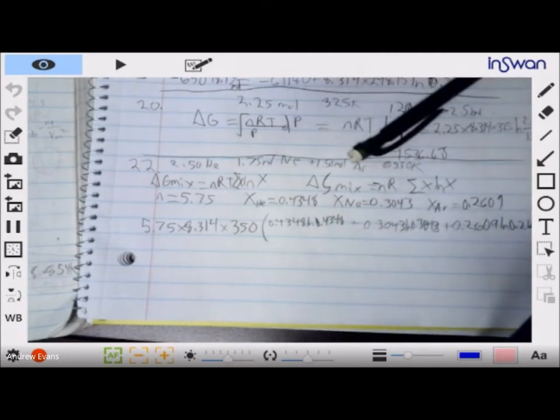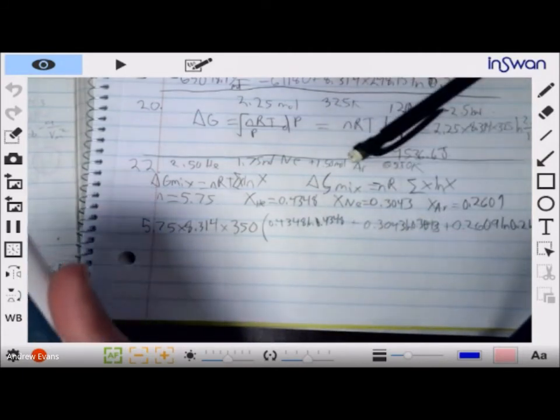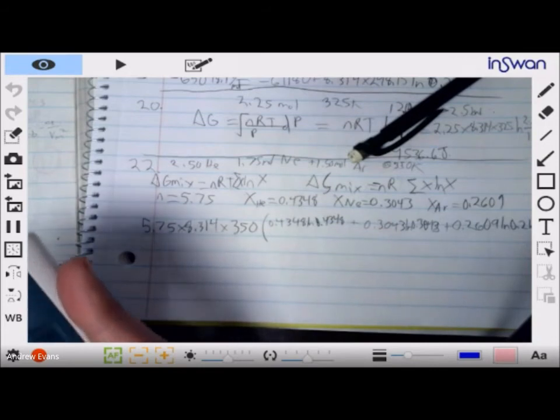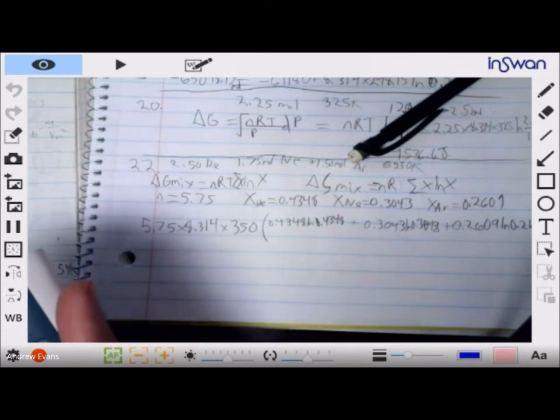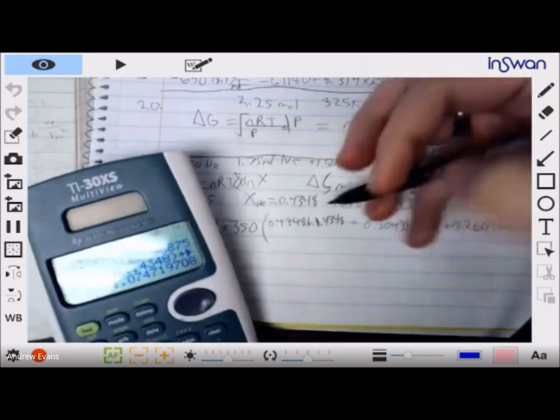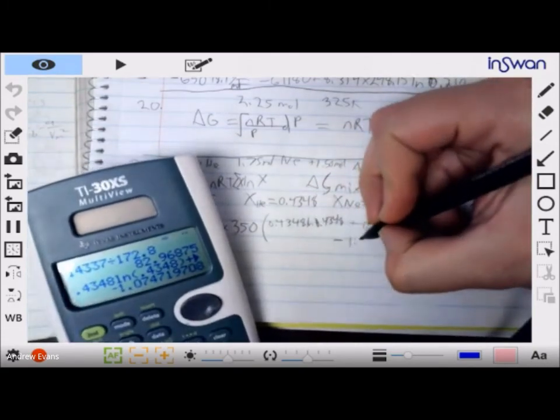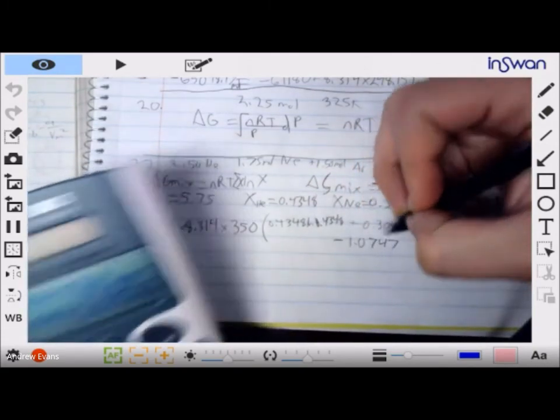So doing the sum real quick, 0.4348 ln 0.4348 plus 0.3043 ln 0.3043 plus 0.2609 ln 0.2609, all that sum comes down to 1.0747.